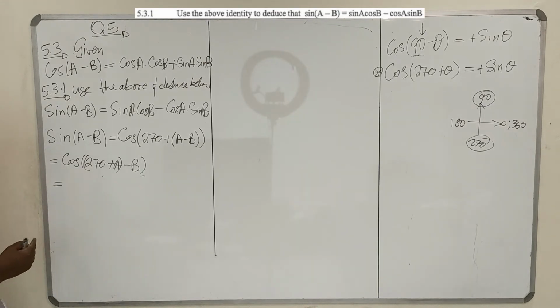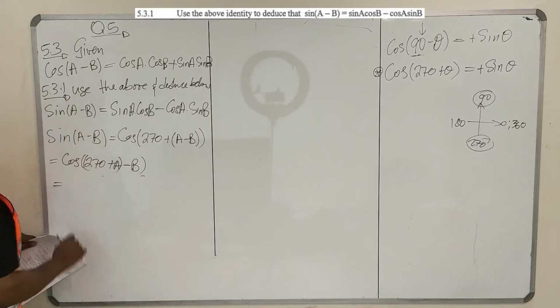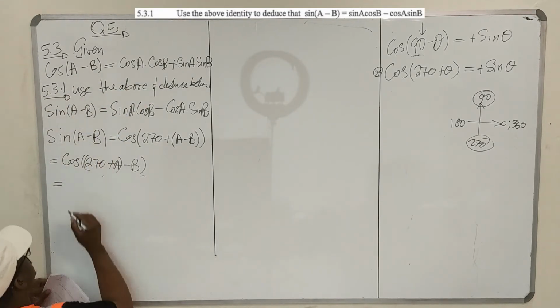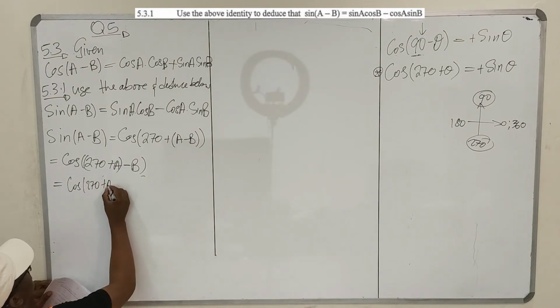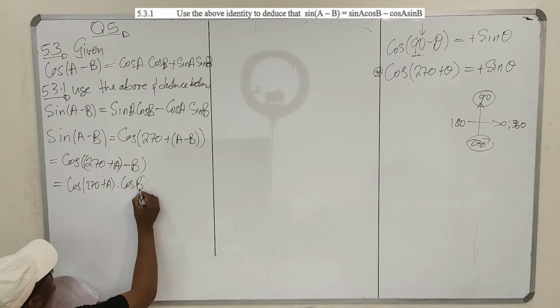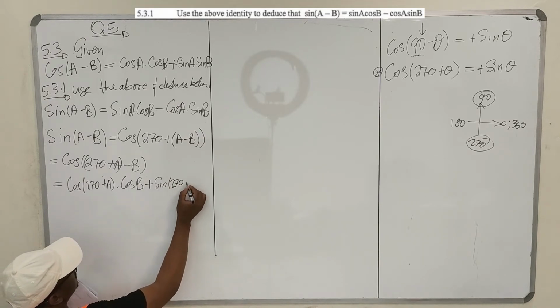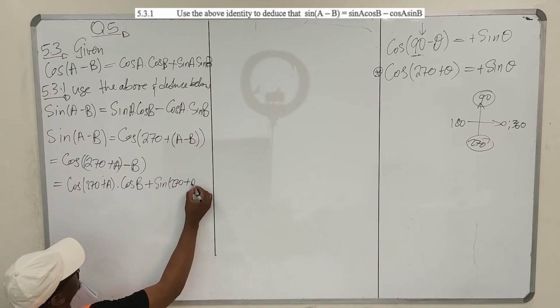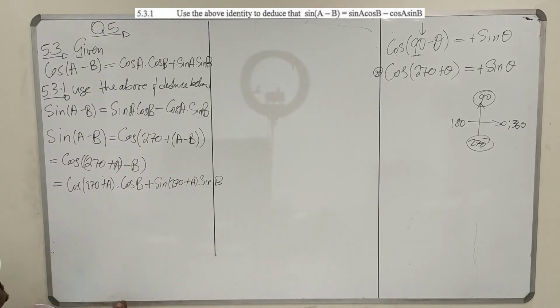So what do we do now? We expand this according to this compound angle expansion here. So it will be cos 270 plus A cos B plus sine 270 plus A sine B, right?